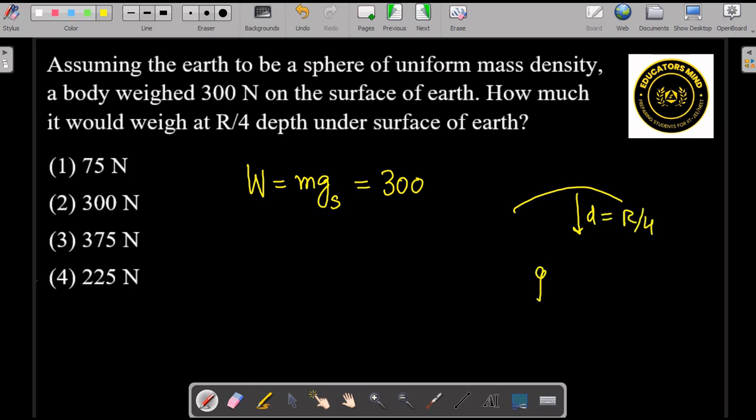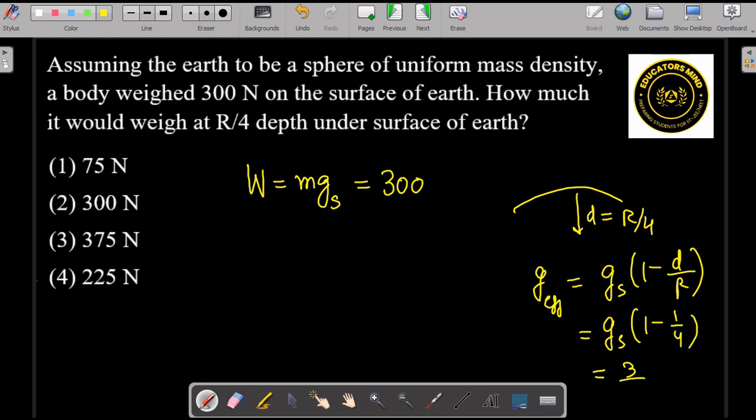We have to calculate that g effective. So g is g at the surface of Earth, 1 minus d by R. So this becomes 1 minus R by 4, R will get cancelled, 1 by 4. So that will become 3 by 4 of g at the surface of Earth.